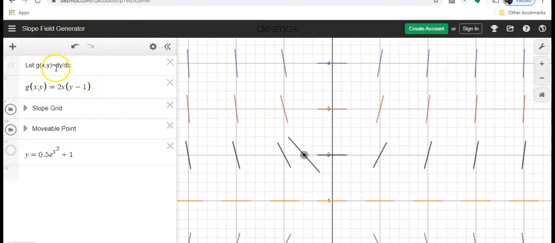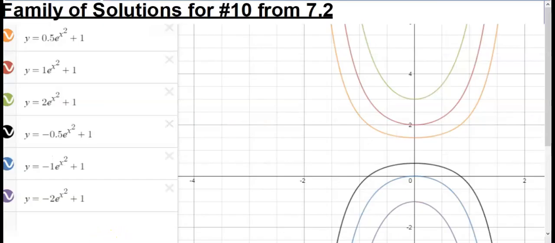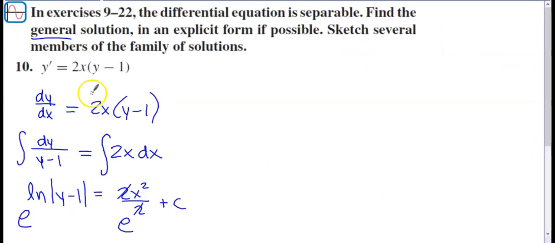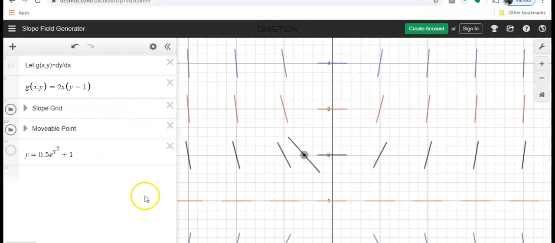So let g of x, y equal dy/dx, and then it gives you the opportunity to type in what you have for g of x, y. And if I go back and show you what that differential equation was that we were dealing with a few minutes ago, it was dy/dx equals 2x times (y minus 1). So that's exactly what I typed into Desmos here.